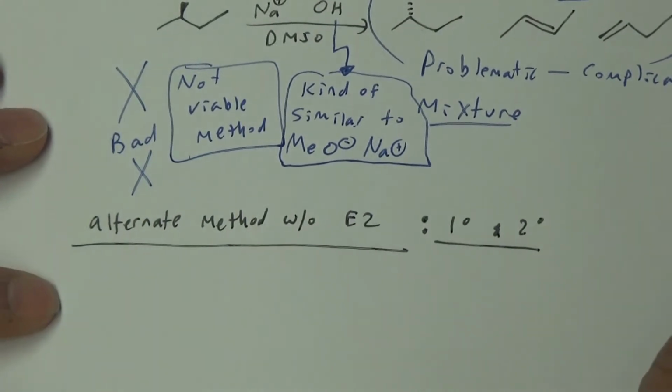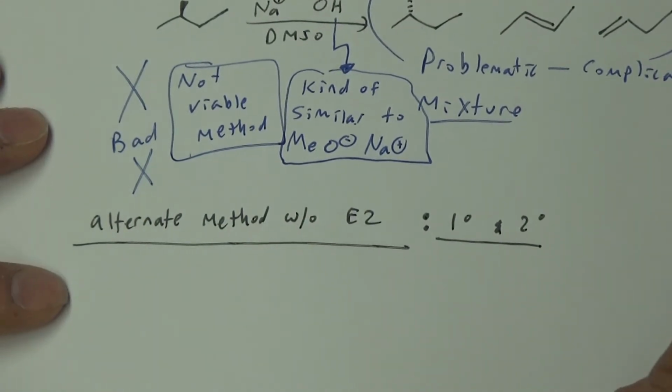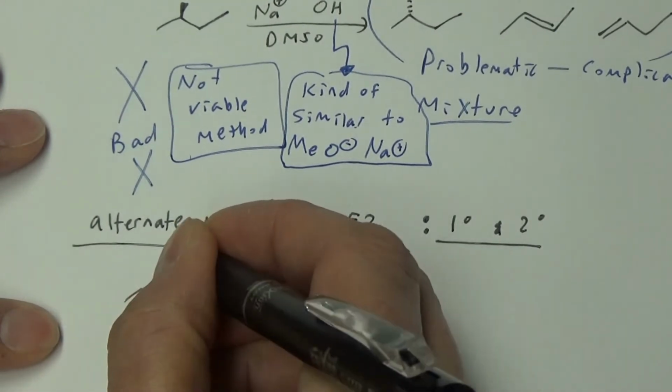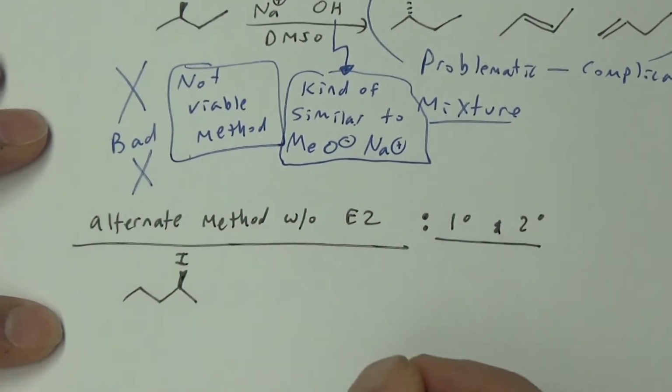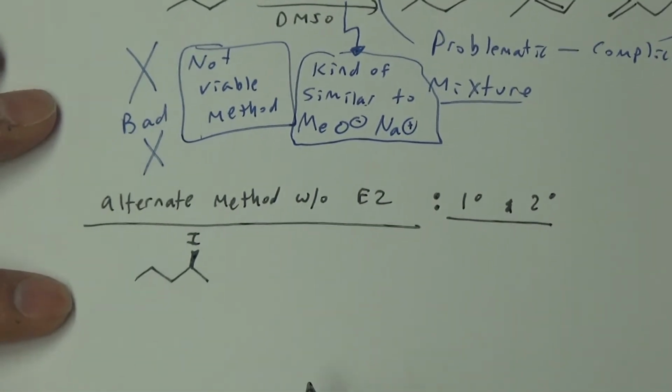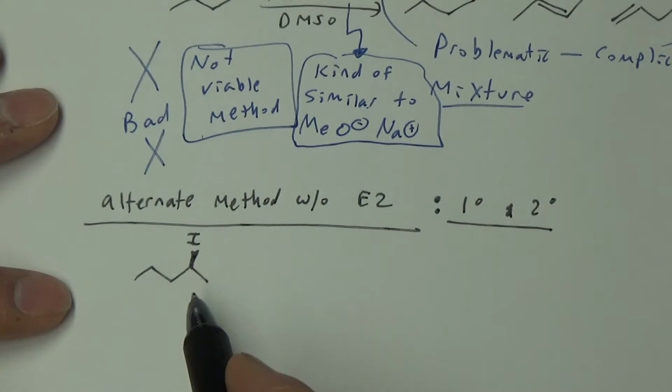How does it work? I'll show an example with this iodide. How do we accomplish the SN2 conversion of this iodide to an alcohol?